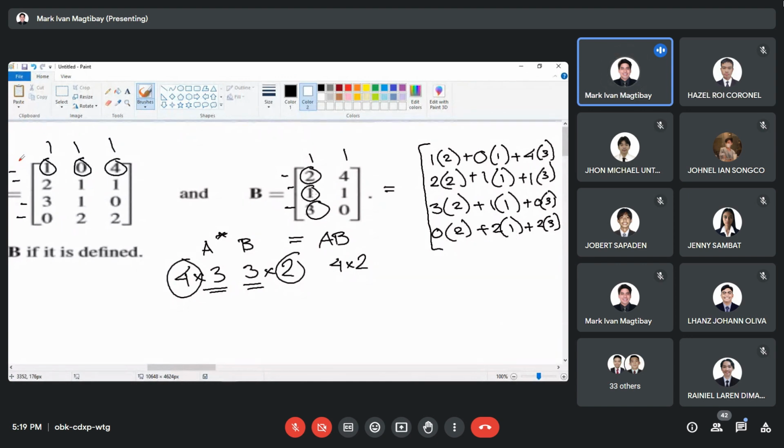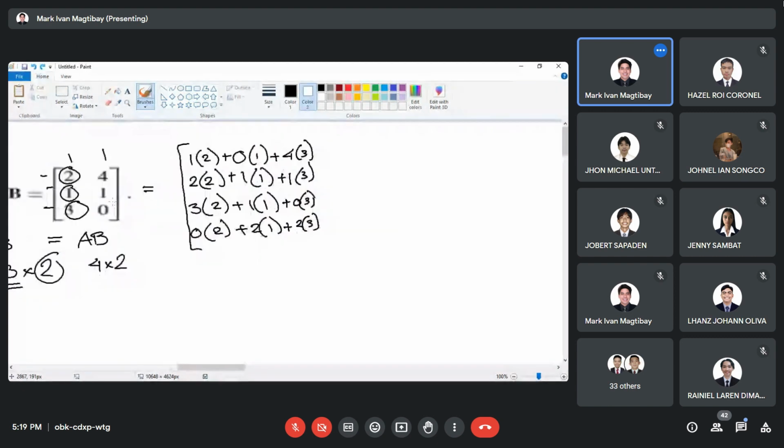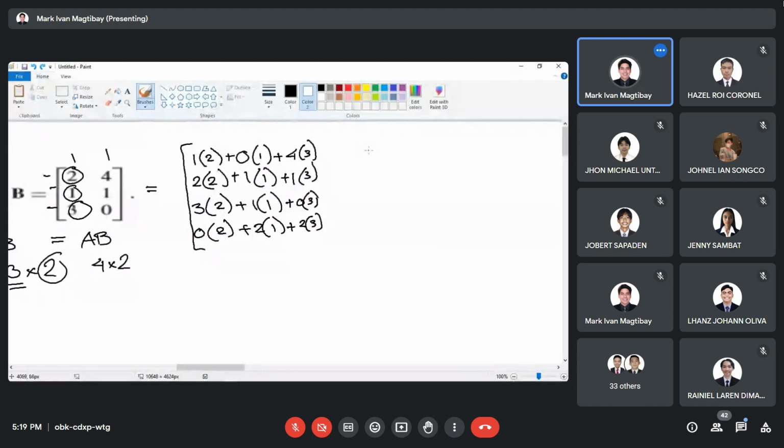Okay, so how about yung pang second column naman po natin na titingnan. So, iisa-isahin po ulit natin by row lahat po yan. Okay? So, adjust tayo pa kanan. So, dito naman tayo magsusulat. So, 1 times 4 plus 0 times 1, adjust nga pala tayo pababa, plus 4 times 0 po.